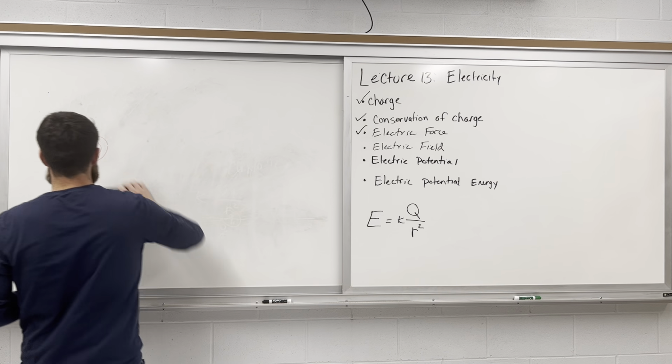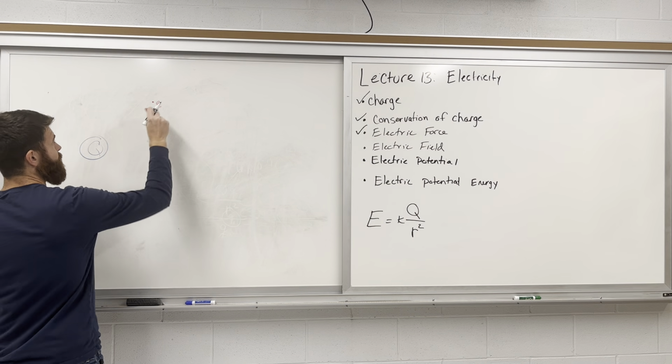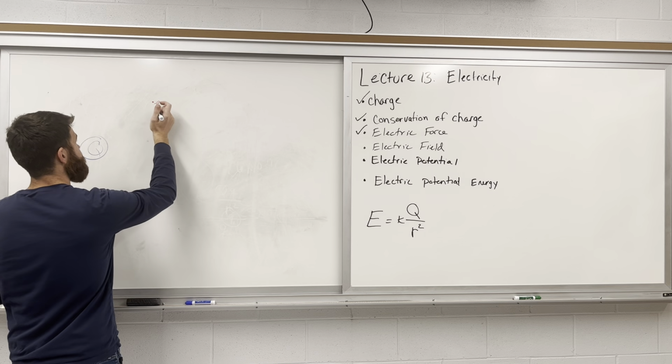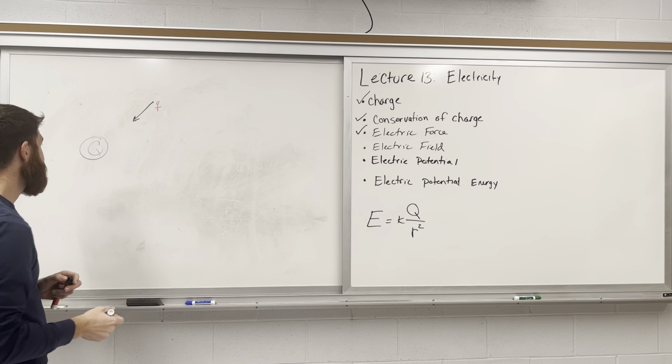Now, what happens if Q is negative? If we put a little test charge q here, remember the test charge is always positive. You assume it's always positive. The electric force is going to be toward the charge because it's attractive.